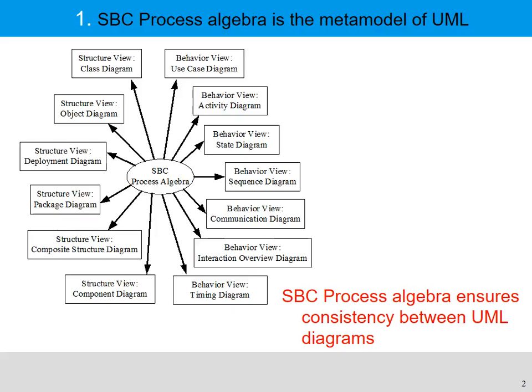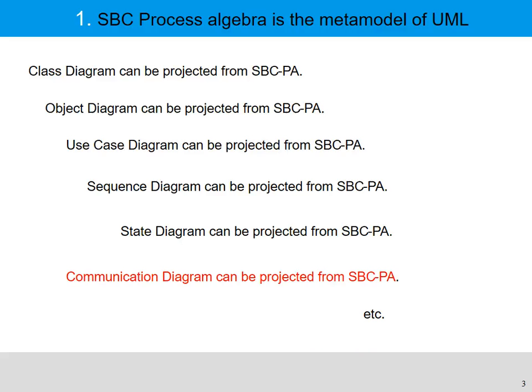Chapter 1, SBC Process Algebra is the meta model of UML. That means SBC Process Algebra is able to ensure consistency between different UML diagrams, because SBC Process Algebra is the meta model of UML.